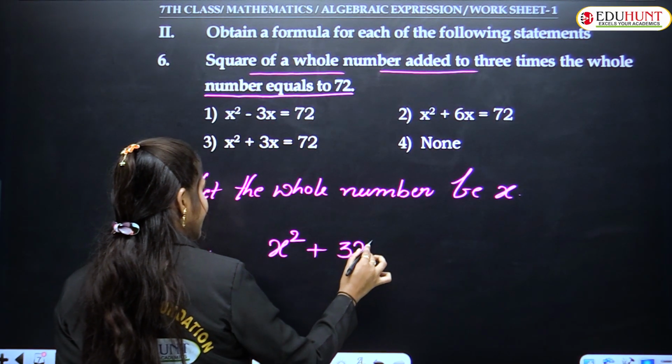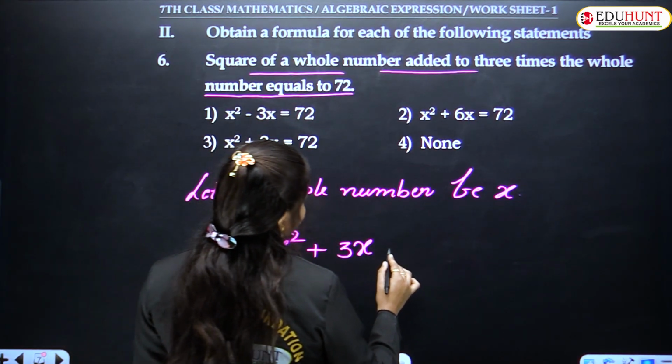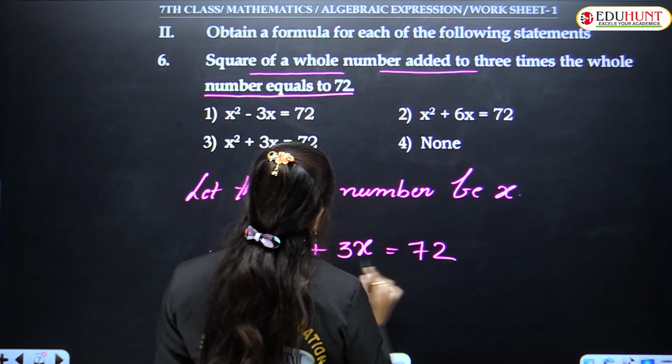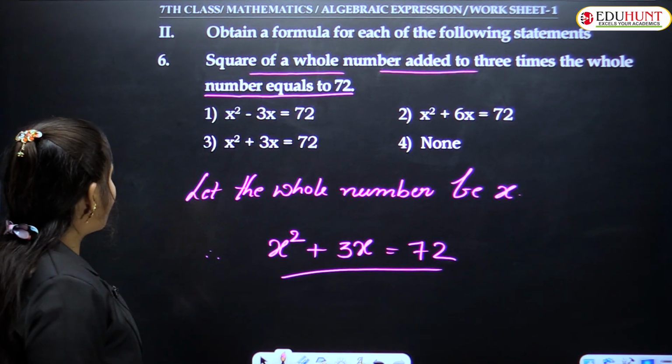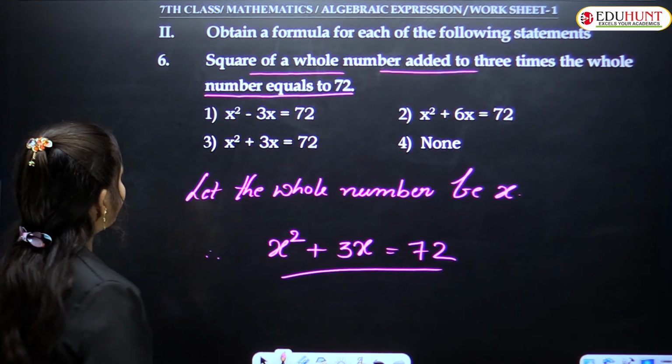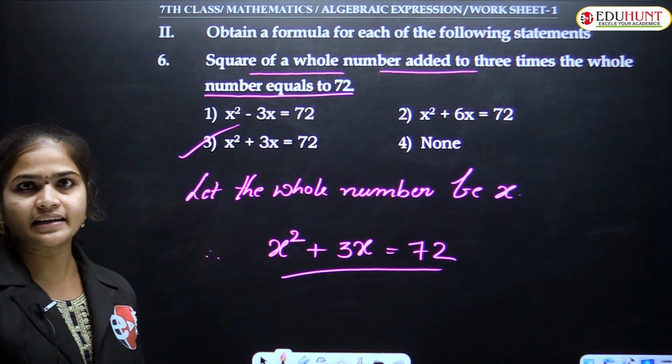What is the whole number here? x only. So 3 times x equals 72. As per this, which option? x square plus 3x is equal to 72. Option 3 is correct here.